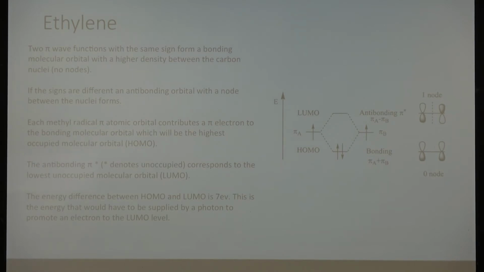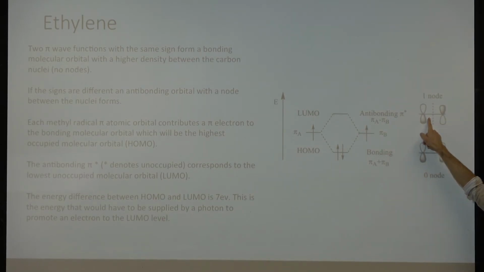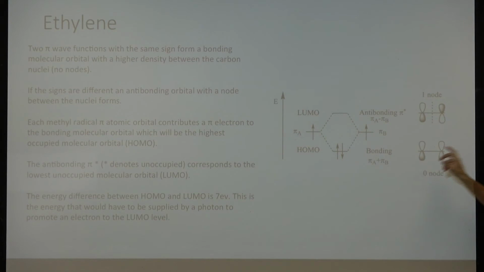In the bonding situation, there are no nodes because these are aligned, whereas here they're flipped and therefore you have a node, higher energy, the lowest unoccupied molecular orbital.